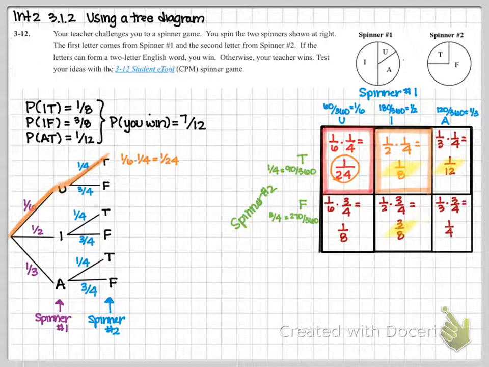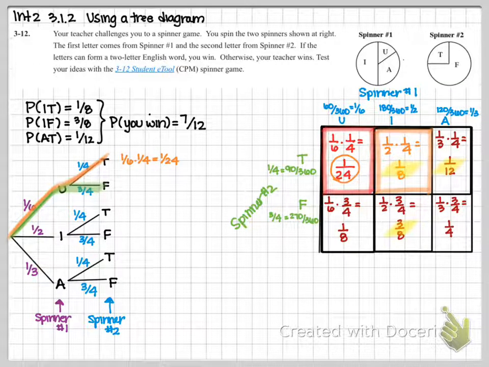So when you're going through and figuring out the probabilities at the end of each of the branches, you're going to multiply down the branch all the way from the beginning. So if we do one more, and then I'll have you see if you can do the rest of them. So let's say we spun the U, and then we spun the F. Okay, so we would multiply down that branch.